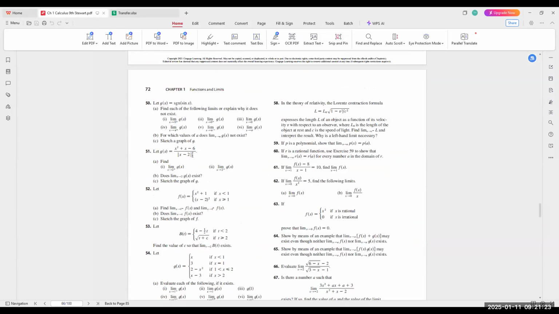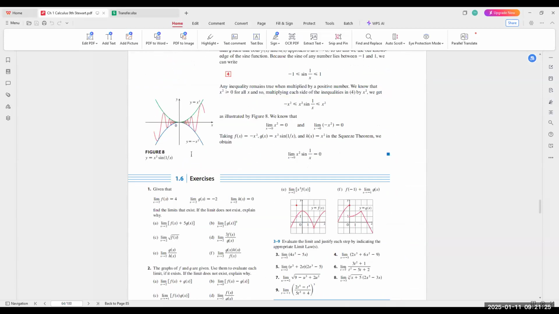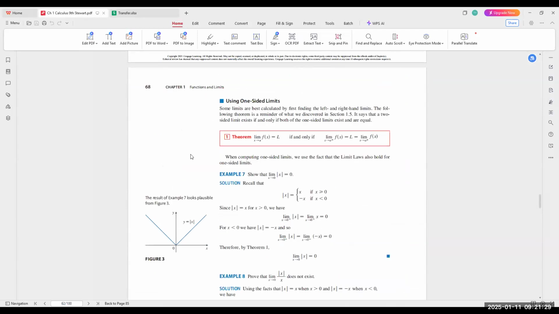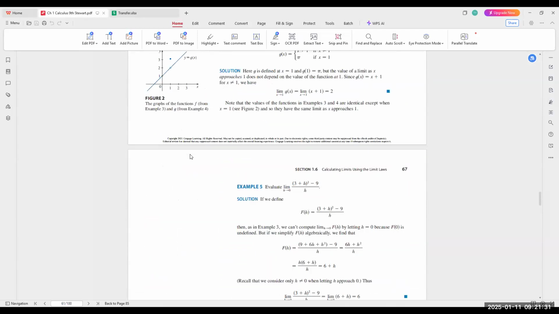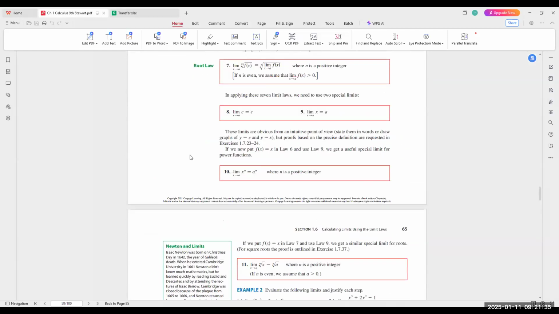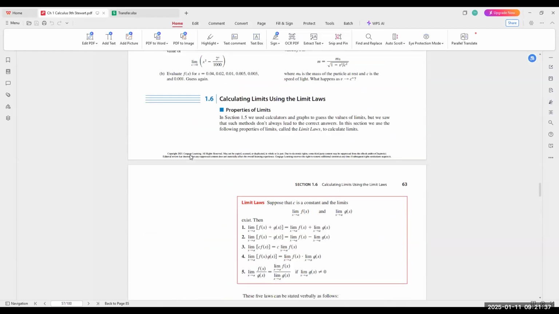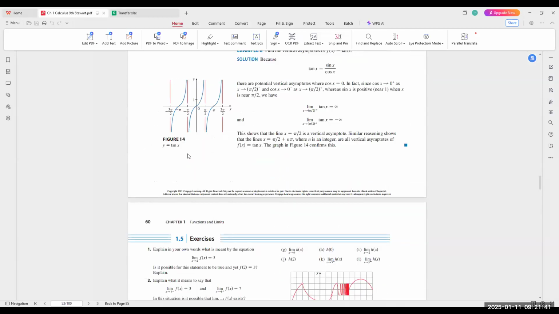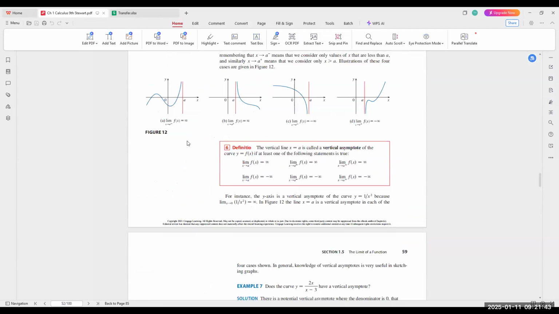This is 1.7. This is 1.6. 1.5. This one here. Yeah, this one here.